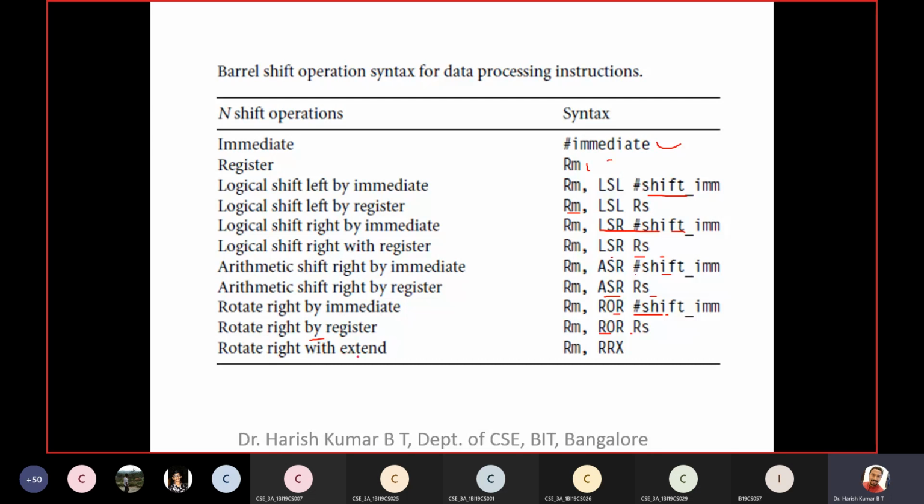Then there is rotate right with extend, RM, RRX, which uses 32 bits plus the carry flag; this is what you write when you want to rotate along with the carry flag. How much to rotate can again be specified using an immediate number or a register. Hope you understood.